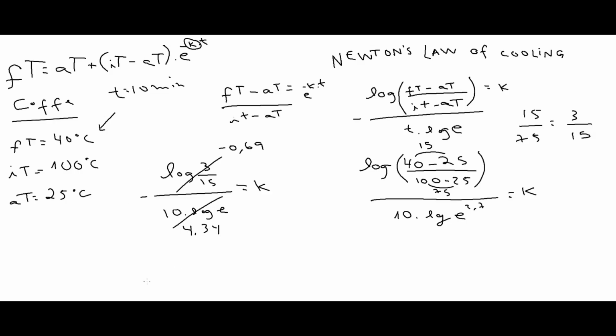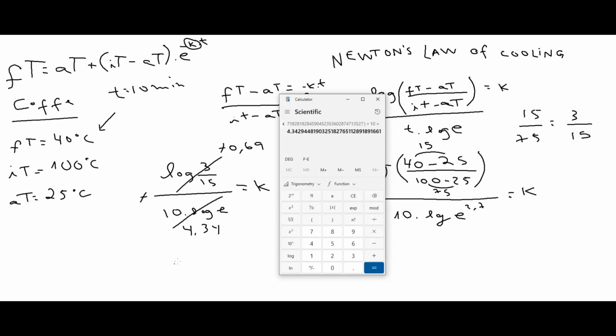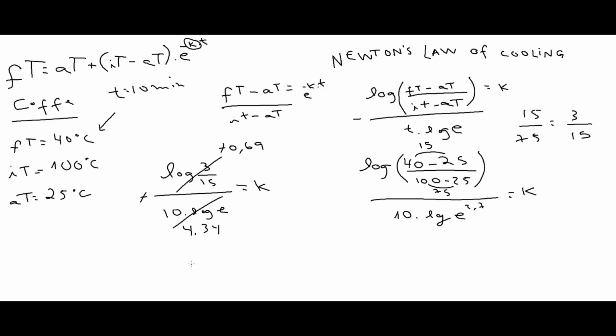Now we divide, and the minus here becomes plus because of that sign. Then it's 0.69 divided by 4.34, which is 0.15. That's the k value.